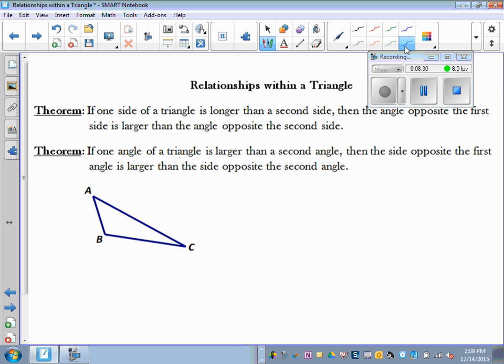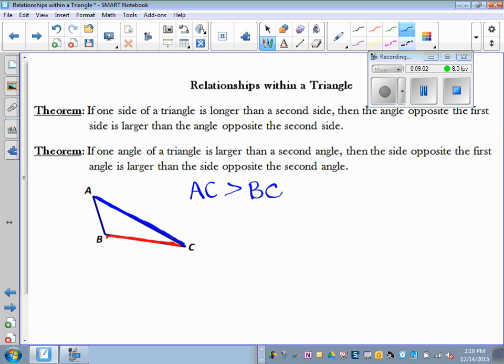Okay, so let's take a look at this and interpret it. So here's our triangle. If one side of a triangle is longer than a second side, alright, so the measure of AC, that's larger than the measure of BC. Here's BC.